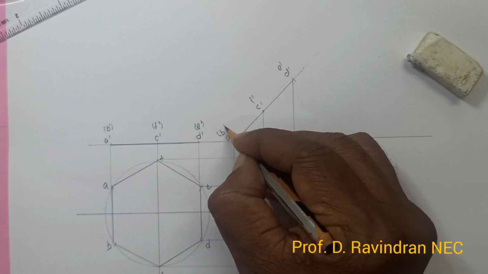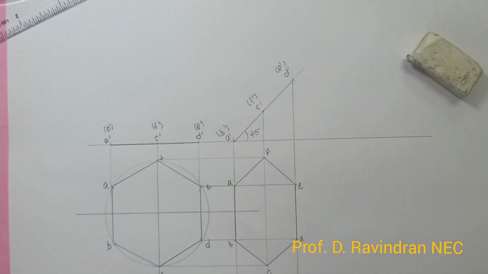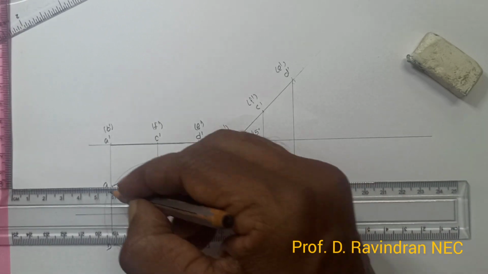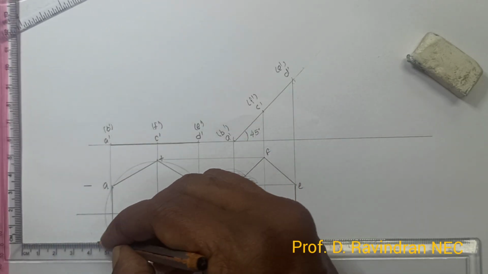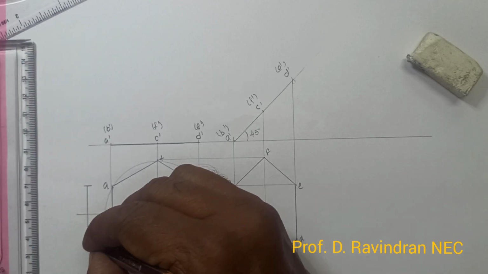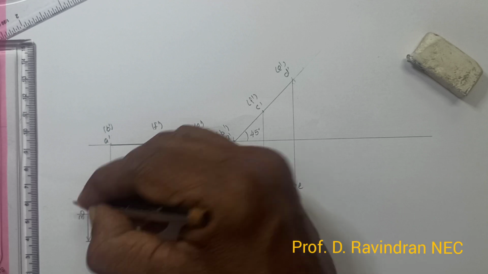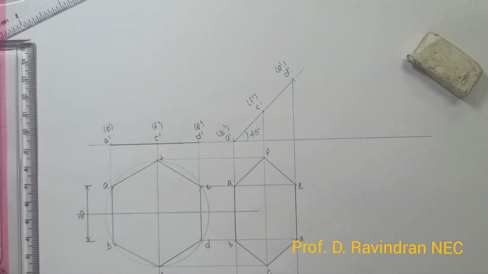Here also you can just put them in brackets. Now regarding the dimensions, you have to mark these dimensions here. This is 30 mm. This is how we can complete our projection. Okay, thank you.